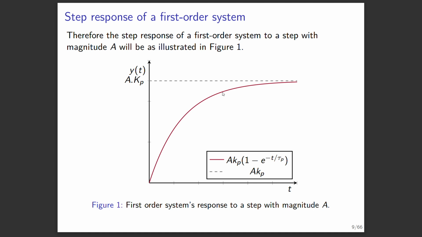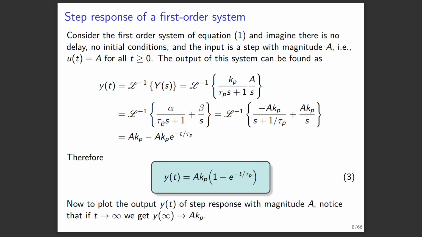So the final value of a first order system's response to a step with magnitude of capital A is capital A times Kp, and that's how it appears here. If t goes to infinity, you're going to have e to the negative infinity, which is 0.